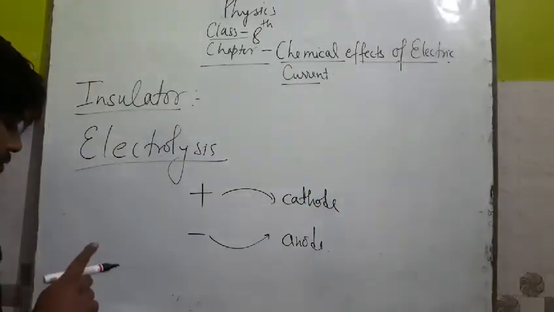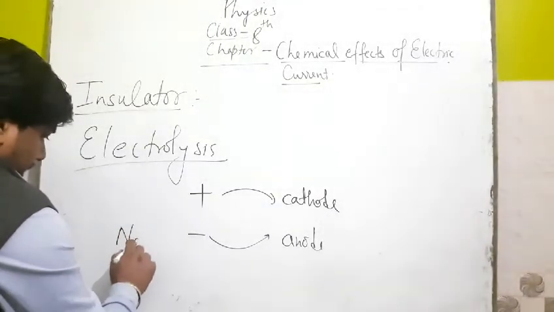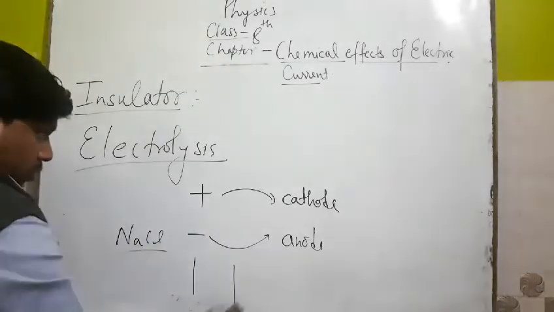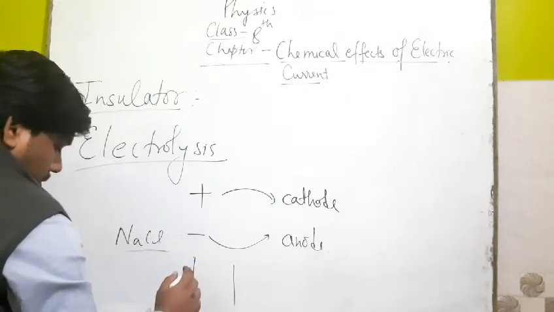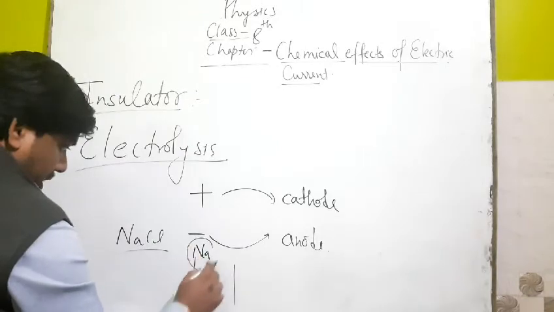Molten sodium chloride gives sodium metal. मीन्स जो सोडियम क्लोराइड है NaCl है, जब ये ब्रेक होगा तो कैथोड रॉड होगा, एनोड रॉड होगा. तो कैथोड पे हमें क्या मिलेगा? सोडियम मेटल.